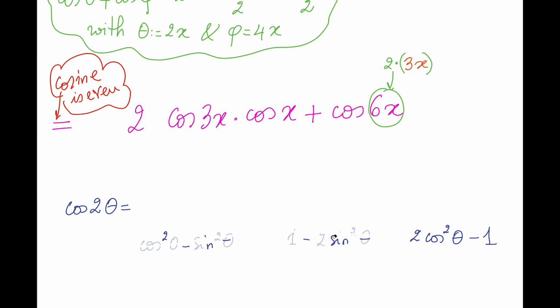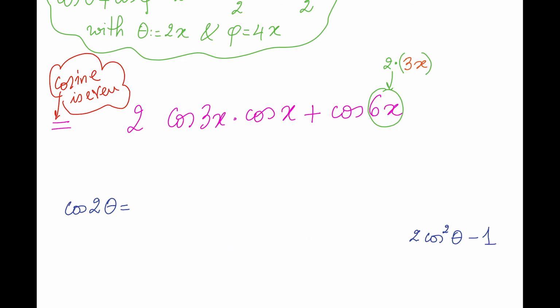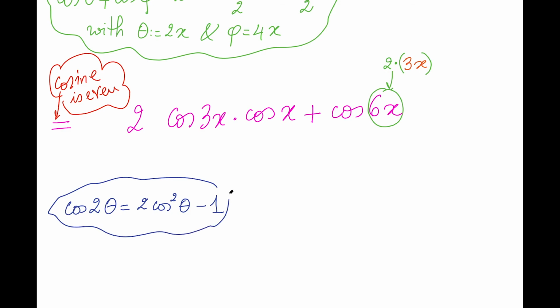So I'm erasing these guys and I'm just going to retain the last part. So I'm using it now, and I'm using it for what? I'm using it for theta as 3x, right?